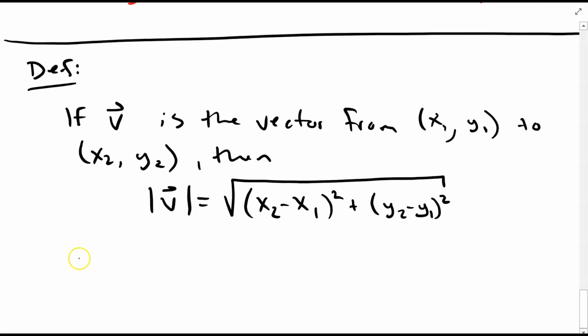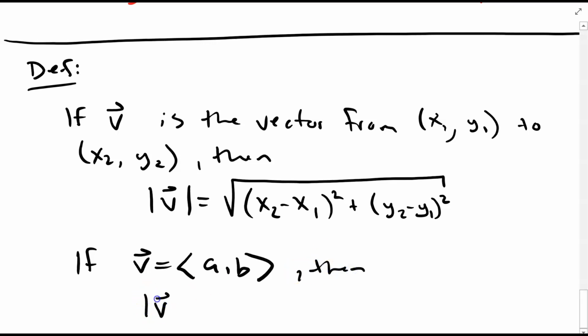What happens if we've written the vector in component form? What does component form mean again? Can we write the vector with the wedge like this? Means the initial point of our vector is the origin, and the terminal point of our vector is AB.